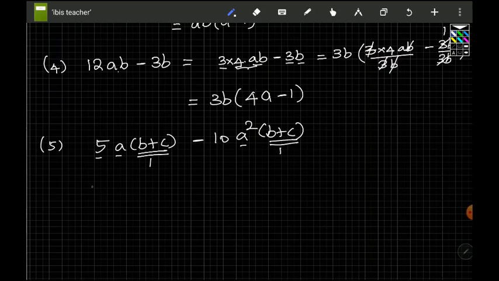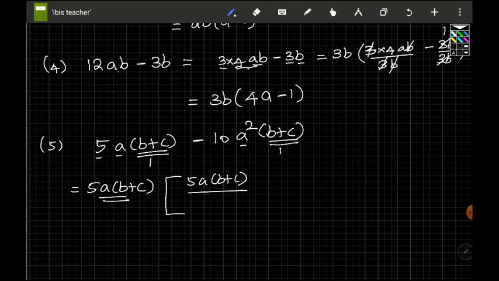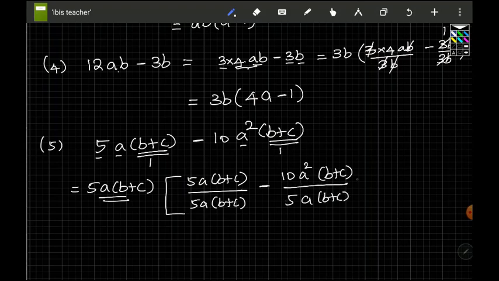So what we have understood is 5A into B plus C can be taken out. What we have taken out, with that we have to divide. 5A into B plus C minus 10A square into B plus C, divided by 5A into B plus C. Now B plus C and B plus C will be cancelled, 5 will be cancelled, so 2 will be left, A and A will be cancelled. 5A into B plus C by 5A into B plus C is 1 now.